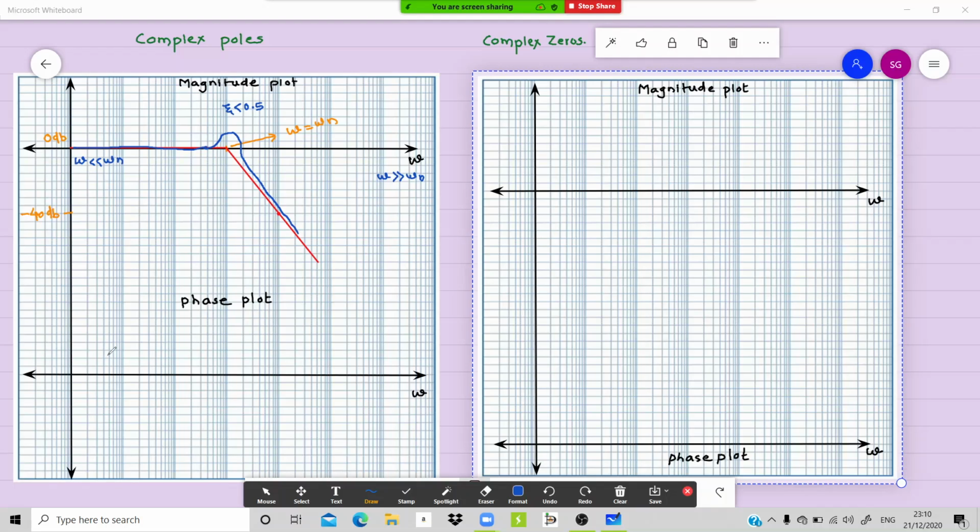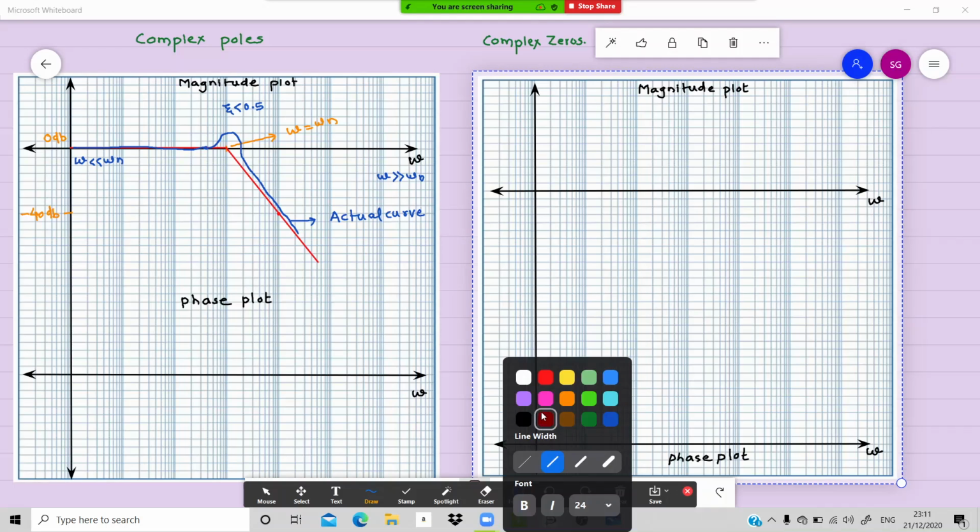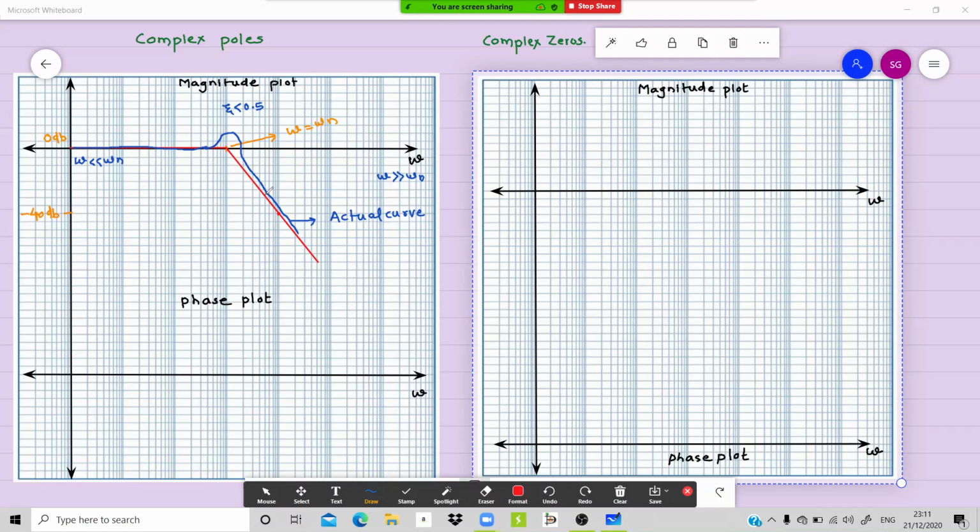Okay, so this is going to be the exact or actual curve. If you want, I'll draw the slope of this line also. That is going to be equal to minus 40 dB per decade.